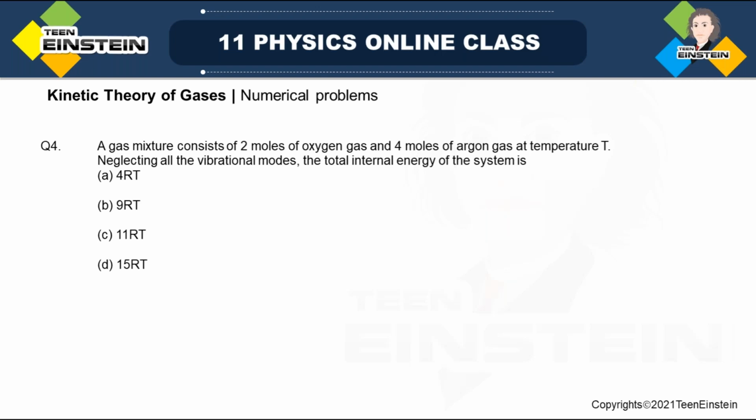A gas mixture consists of 2 moles of oxygen gas and 4 moles of argon gas at temperature T. Neglecting all the vibrational modes, the total internal energy of the system is?